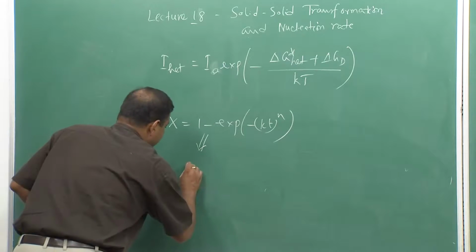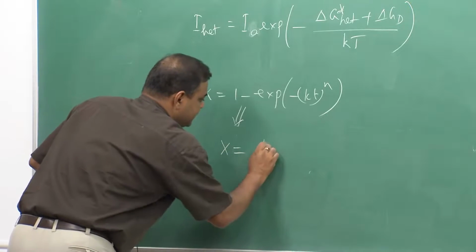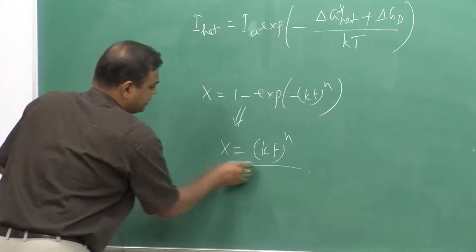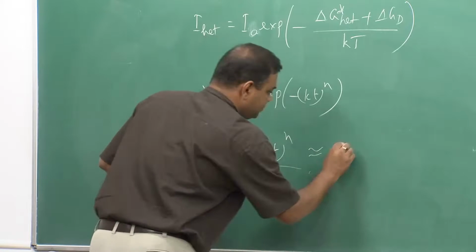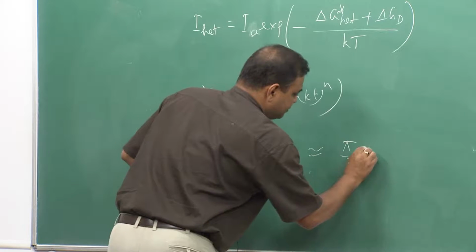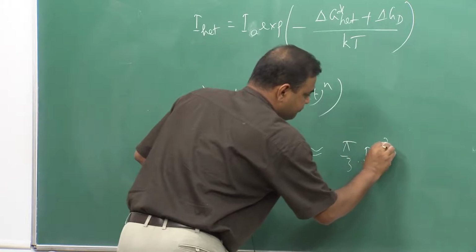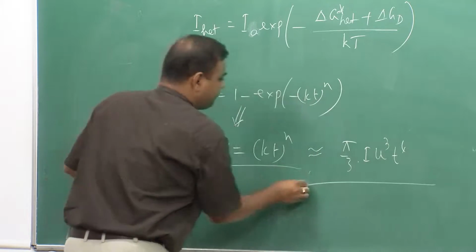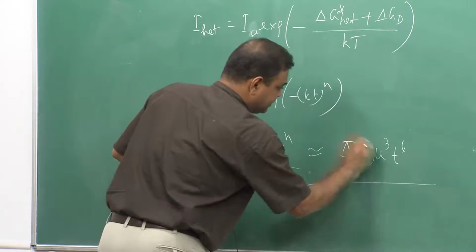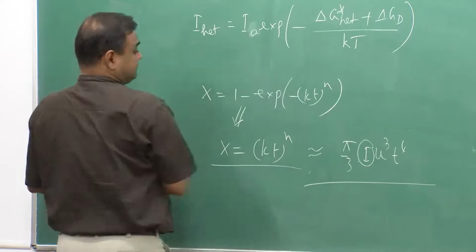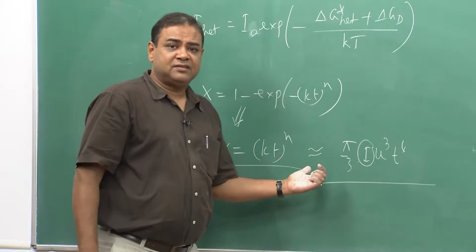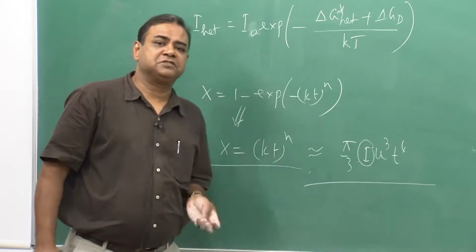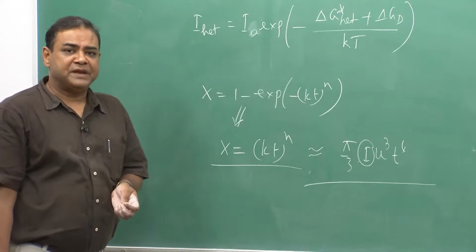So, at that time I can say that x equal to k t to the power n, I can convert it into a power law, and we can also relate it to t to the power 4, where I is the nucleation rate, which is this. And this is the case where I have a very small fraction forming in the parent phase.